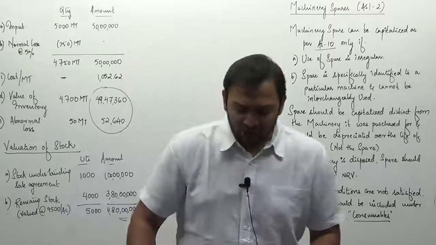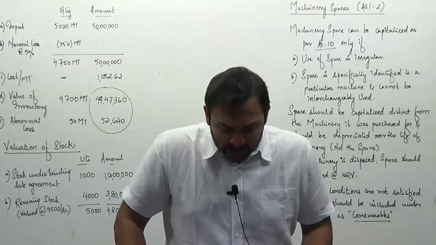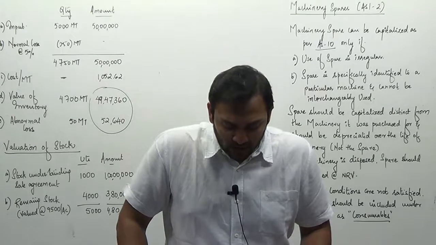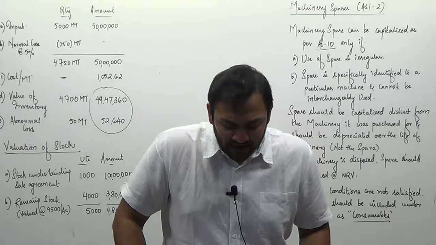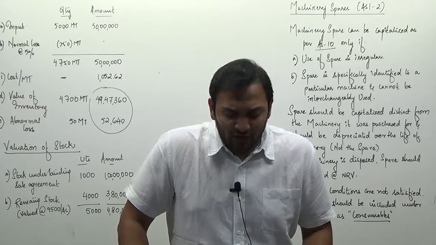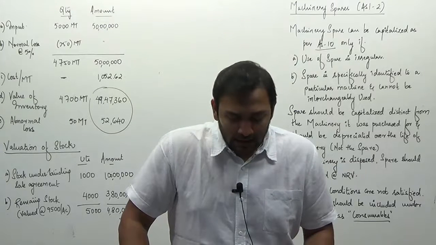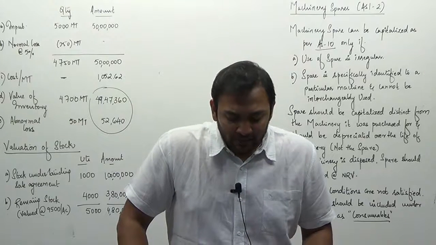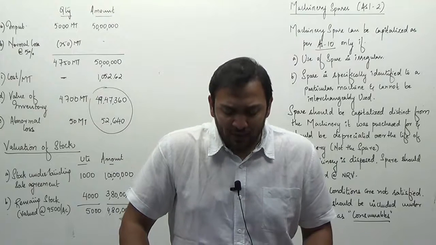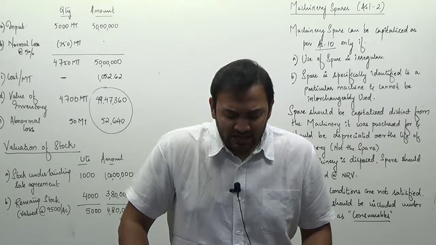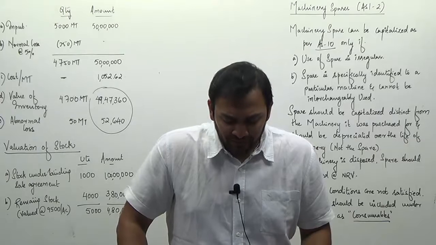Opening stock of finished goods is 1,000 units at 25,000. So per unit cost is basically 25 rupees. My opening stock of raw material is 1,100 units valued at 11,000. Raw material cost is 10 rupees. Purchases again at 10 rupees, 1 lakh. Labor charges are 76,500.